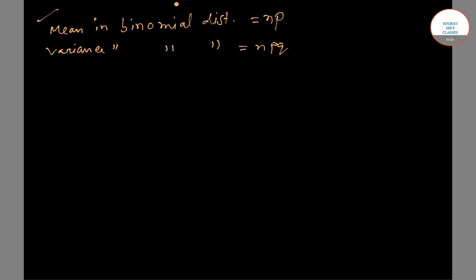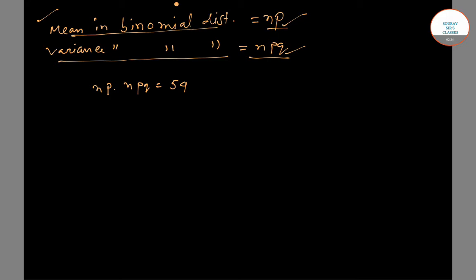Now if you simply multiply the mean with the variance, it is given in the question, it will be equal to 54. The variance is given by npq and the mean is given by np, which is equal to 54.